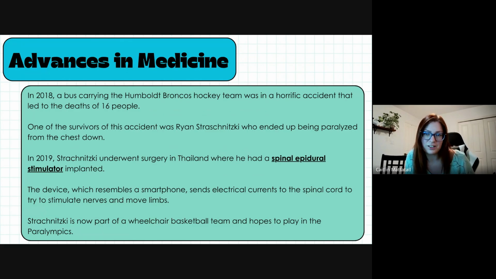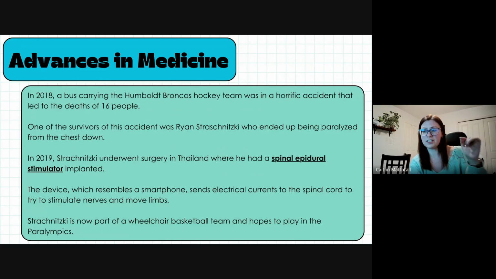But Ryan Straschnitzki, potentially. He ended up being paralyzed from the chest down. So he still had movement of his arms, but not of his legs, and had some limited mobility of his torso. In 2019, he went to Thailand and he had surgery.